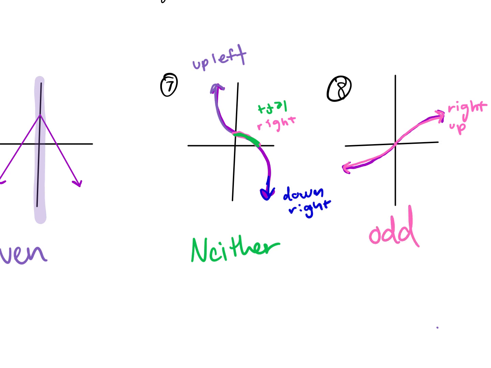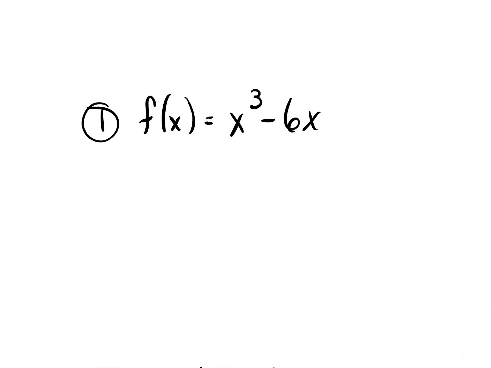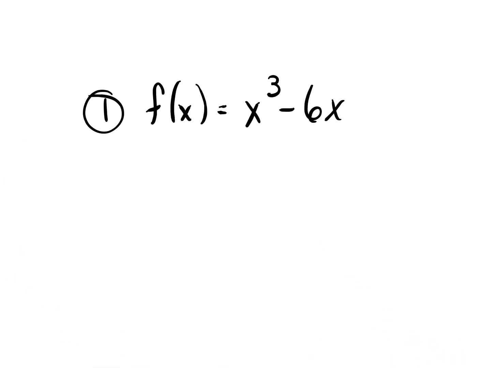So we can take a look at number 1. To determine algebraically if this is an even, odd, or neither function, we want to plug in the same number and its opposite. So I'm going to plug in 2 and -2. So I have x, which x is now 2, so 2 cubed minus 6 times 2.